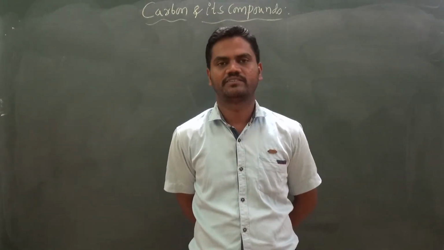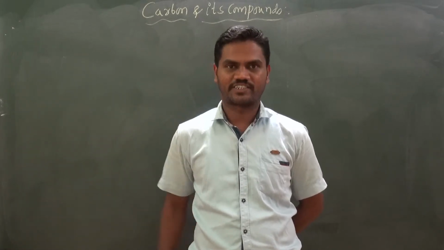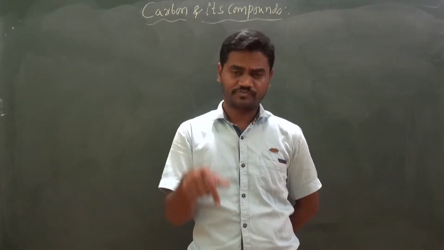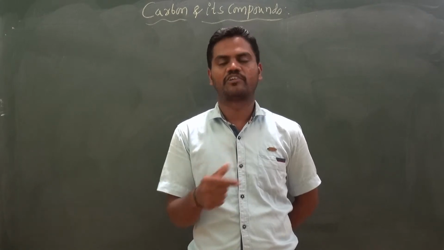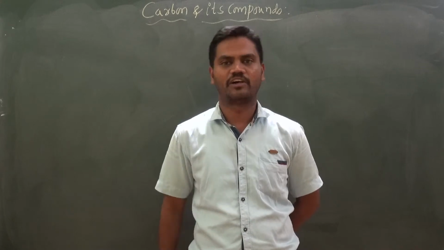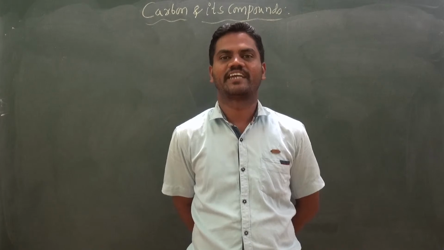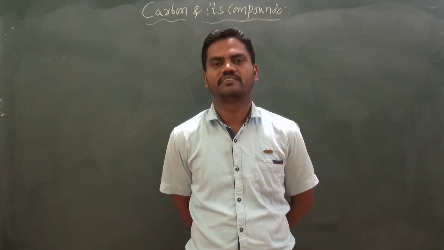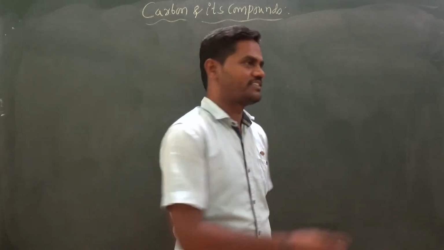You also already know the electron dot structures for the methane molecule and ethane, the ethene molecule, and the ethyne molecule. The general formula for alkynes is CnH2n-2. Up to this point is already covered, and we'll move to the structure of cyclohexane.